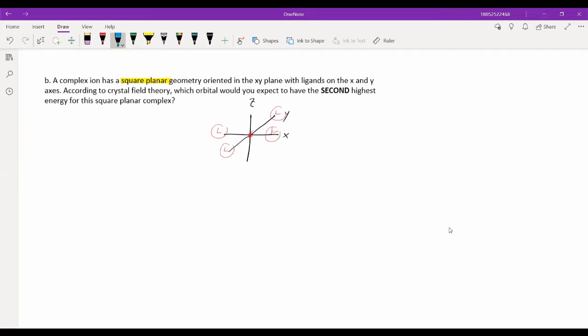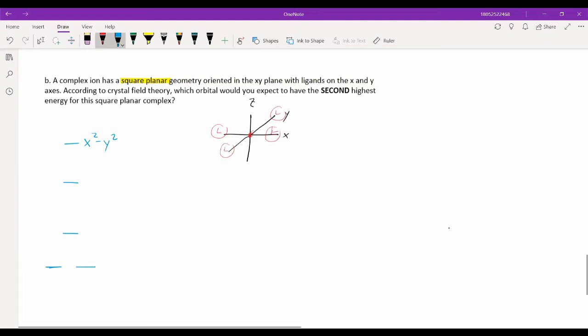So the energy diagram for square planar geometry looks something like this, where you have several different levels, and it gets a little complicated towards the bottom, but the main idea, which you can figure out from the concepts, is that the highest energy orbital is always the one that's going to point mostly at the ligands. And so in this case, we get x squared minus y squared being the highest energy.